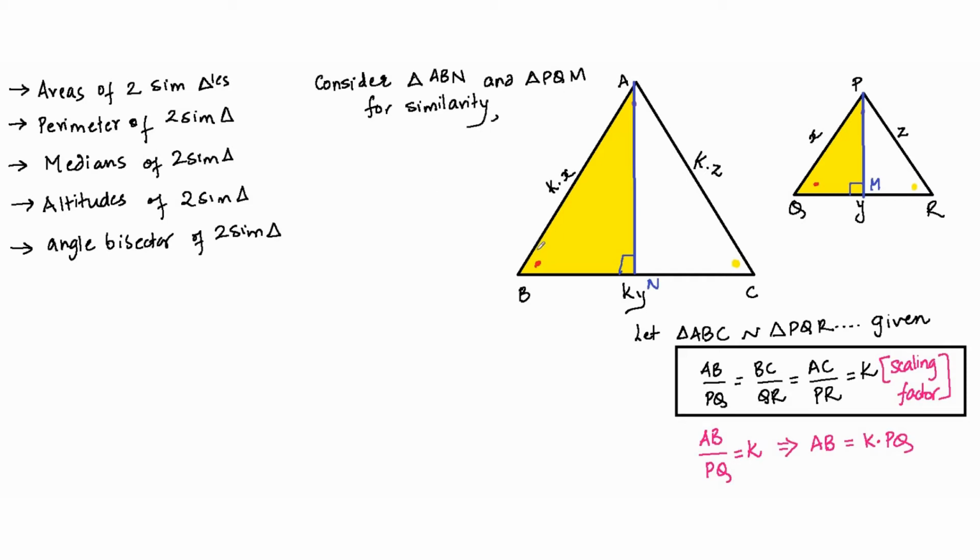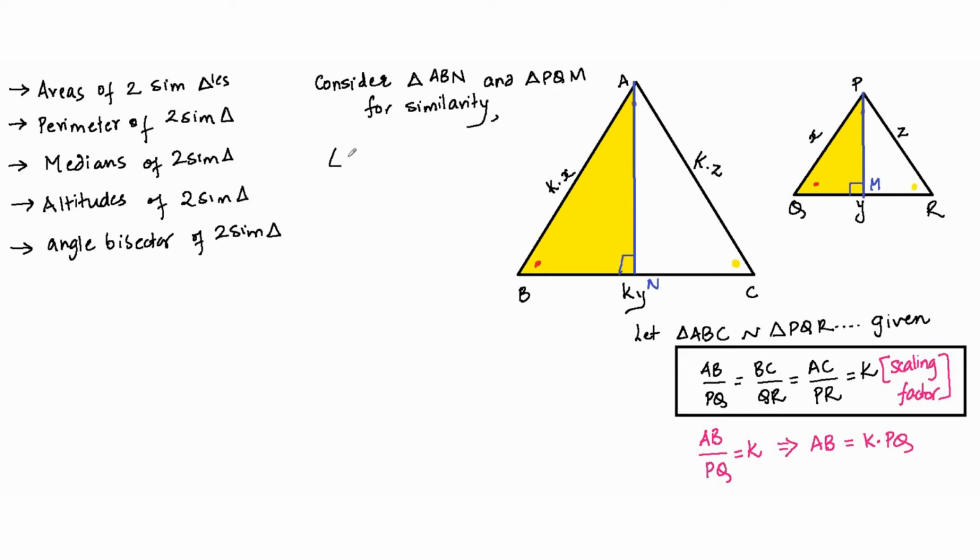Now I know that angle B is equal to angle Q. And similarly, I have two right angles over here. Angle BNA is 90 degrees and angle QMP is also 90 degrees. That means by the AA test, these two triangles are similar to each other.